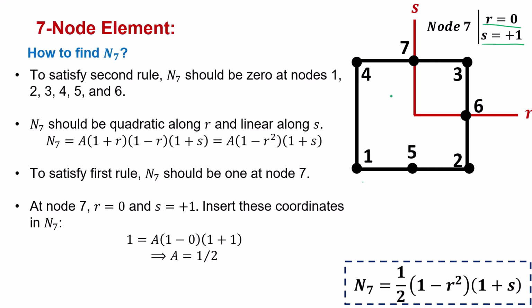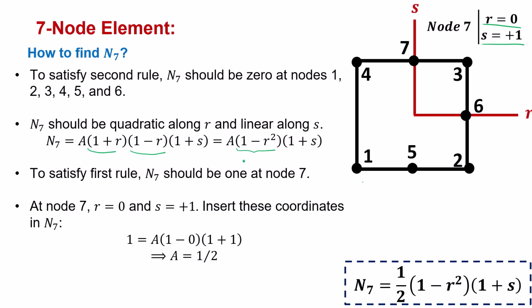So to satisfy the second rule, n7 must go to 0 at all the other nodes 1, 2, 3, 4, 5, and 6. To make that happen, the function should be quadratic along the r direction and linear along the s direction. So we start with the factors 1 plus r and 1 minus r, which together gives us 1 minus r squared.